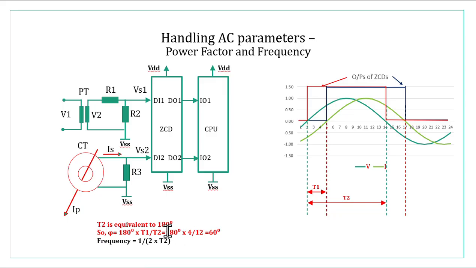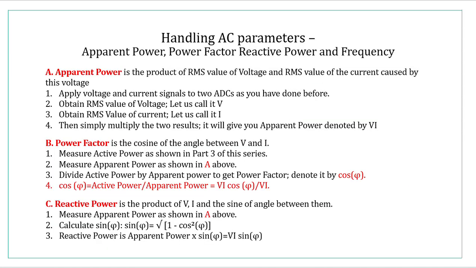And this cos phi may be more accurate than the previous method, for the reason that here you are not finding out Vi cos phi and then Vi and doing the division operation as you have seen earlier. Here you had seen that you find active power.